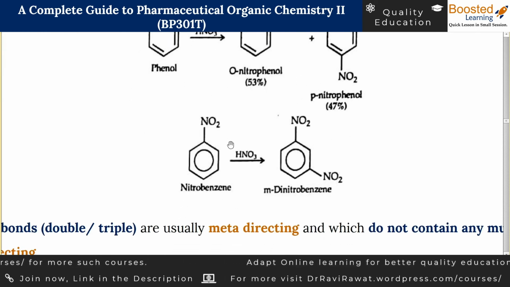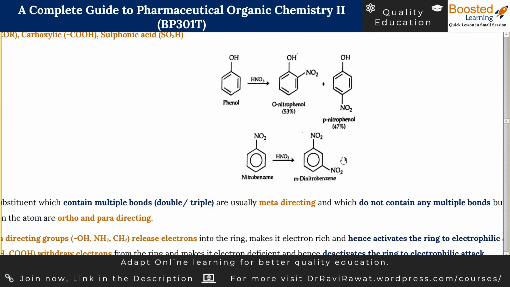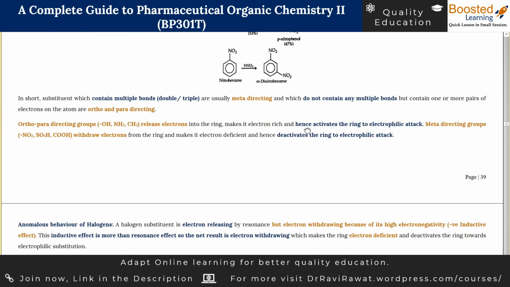You can see the other example also, that if you start with nitrobenzene and you try to do nitration, then the product that you will get is going to be meta product. There is going to be no ortho and para, so exclusively meta product when there is a group which is electron withdrawing. So electron withdrawing groups are always meta directing. These are the theory things which I have explained to you, that there is a synonymous relationship. Ortho and para directing groups are always activating and meta directing groups are always deactivating.